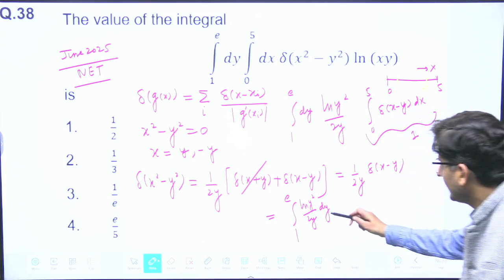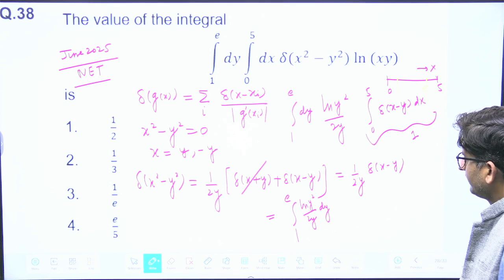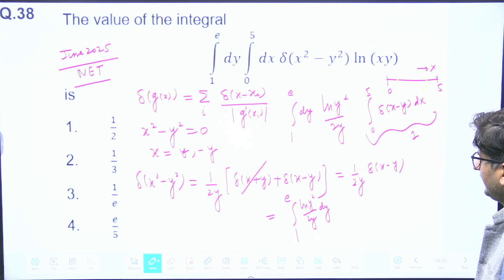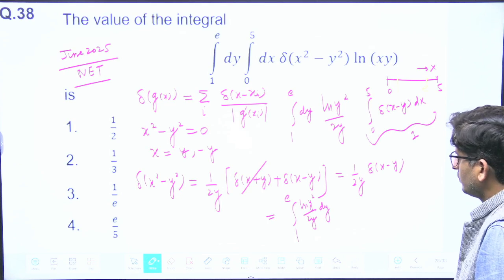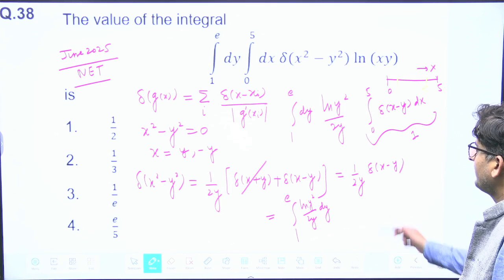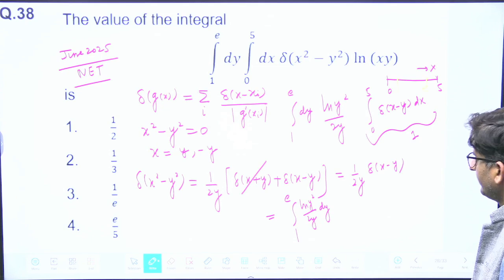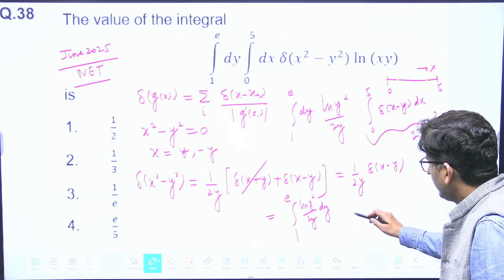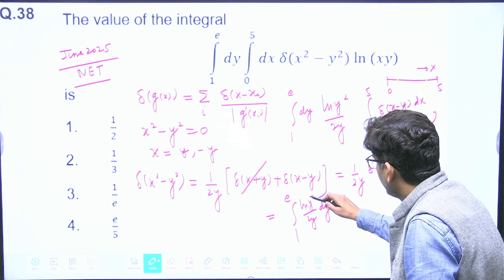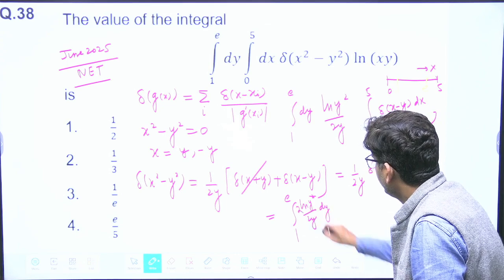So if you take this as t, log of y square by 2y, so dt will be 1 by 2y dy. Okay, so take log of y square, which will become 2 log y, right?